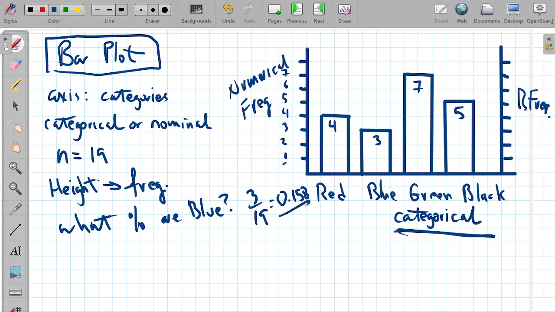If I wanted to know what percentage are blue or red, well, blue or red means I'm going to add 3 and 4. That's 7 out of 19. So what is 7 out of 19? Let's find out. 7 divided by 19 is 36.8%.